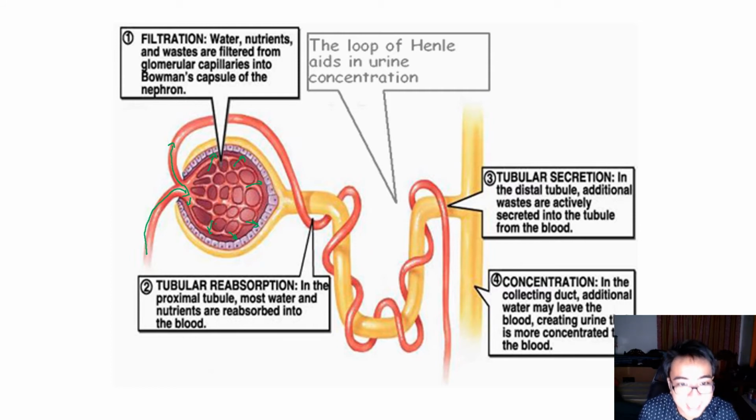Ang nangyayari next dyan is the tubular reabsorption. Now take note, itong pulang ito, this red here is an artery. Okay, it's a blood vessel. Now class, in the tubular area here, sa proximal tubule, nagkakaroon tayo ng reabsorption. So in the proximal tubule, most water and nutrients are reabsorbed into the blood. So remember class, yung lumabas dito, sa may yellow portion na yan, what we have here are water and solutes, waste products, nutrients, electrolytes.